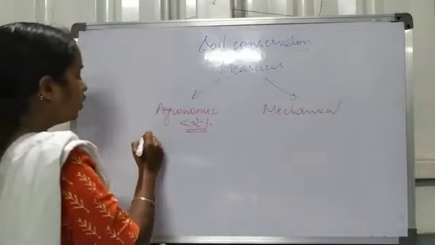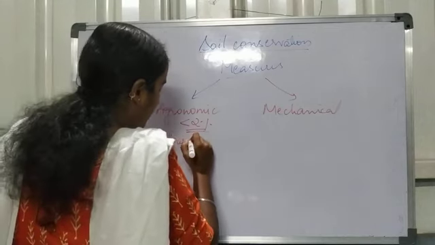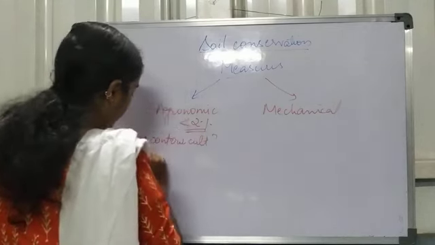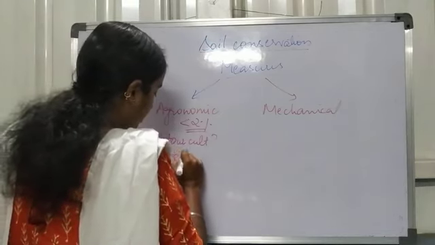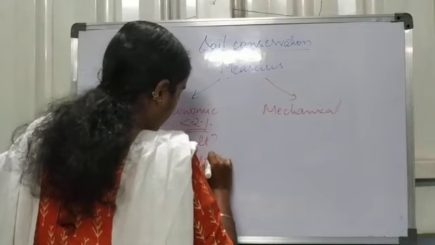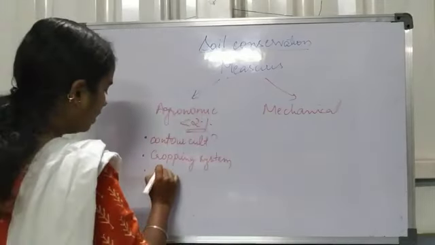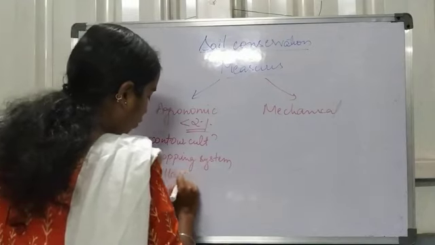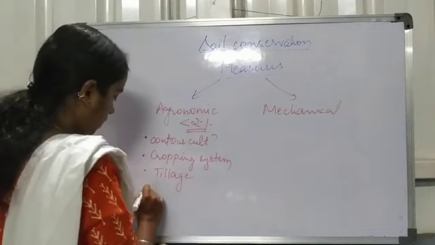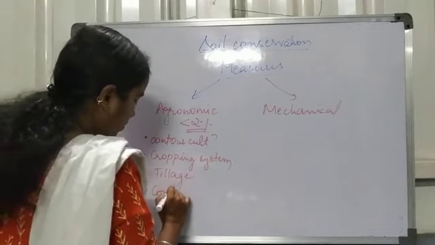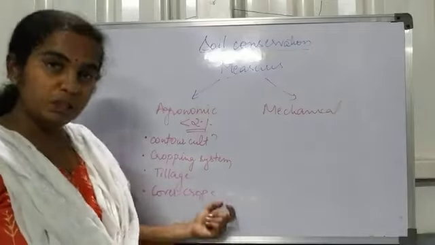The various agronomic practices are contour cultivation, and also cropping system, and there are various tillage practices we can go for, and again some cover crops or using the competitive advantage of the crop.